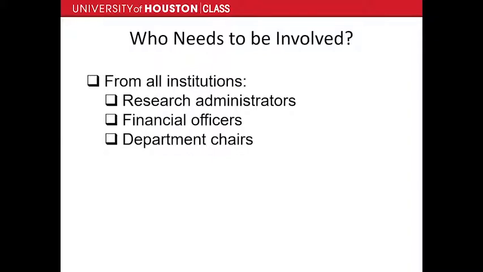But chances are, if you've involved your research administrator or your research liaison officer, they will already be aware of it. So that's why it's always good to go to your first point of contact. And then also, your department chairs may or may not have to be involved. Again, this is from every institution.